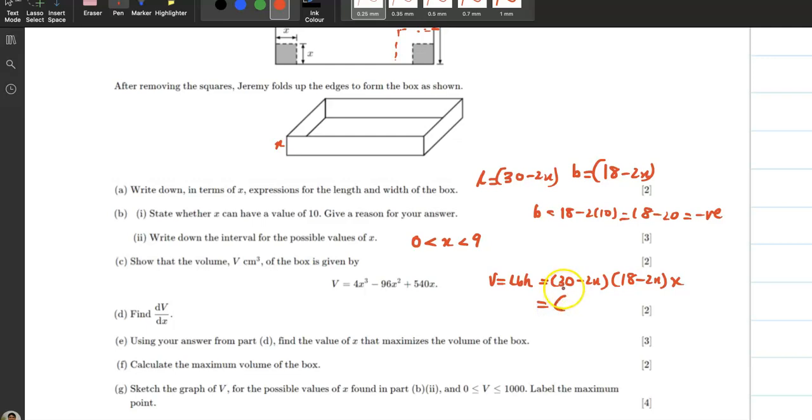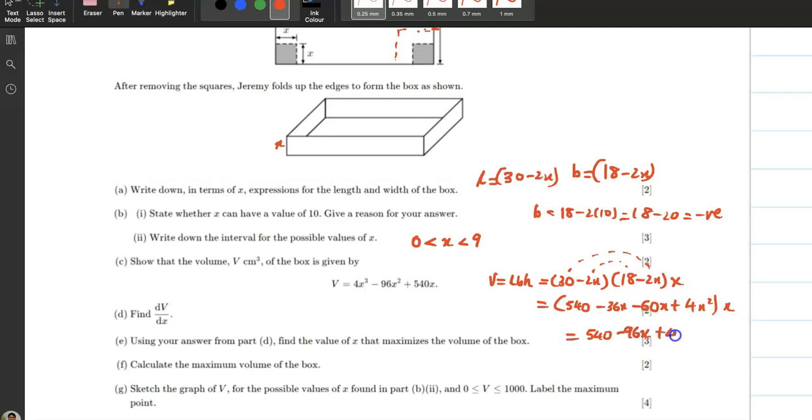So you can multiply. 18 times 30 is 540x, minus 36x, minus 60x, plus 4x squared into x. So that is 540x minus 96x squared, plus 4x cubed.